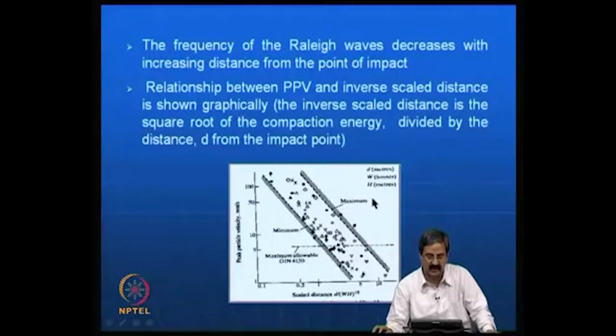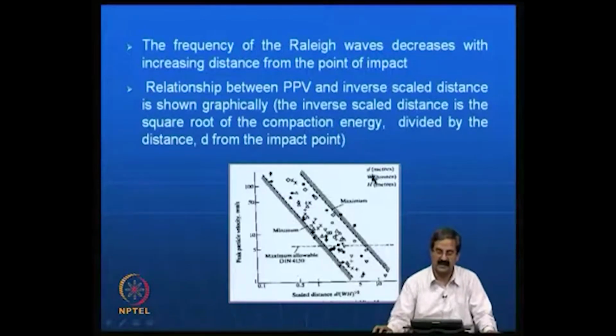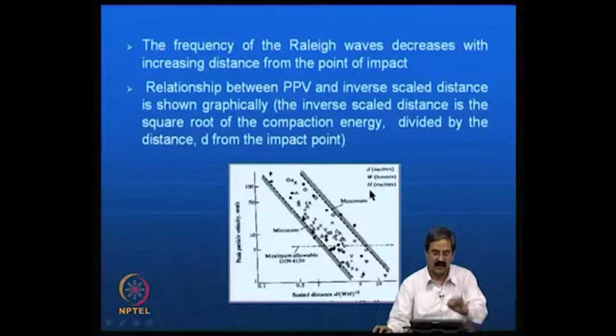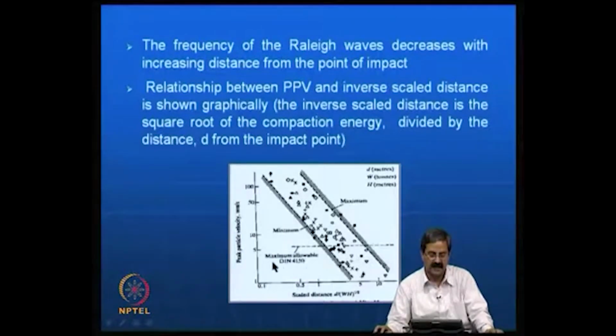Different parameters are given here: the distance in meters, weight in tons, and height. All the parameters are plotted, and then the maximum allowable range as per the German standard, DIN 4150. If the material falls in this range, it is acceptable.